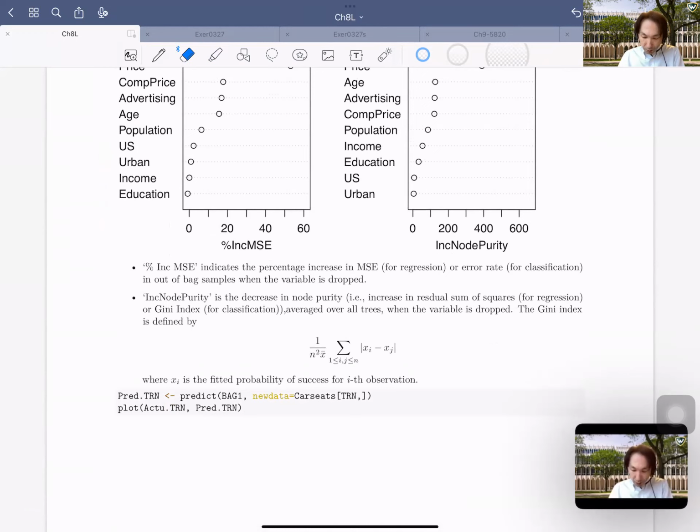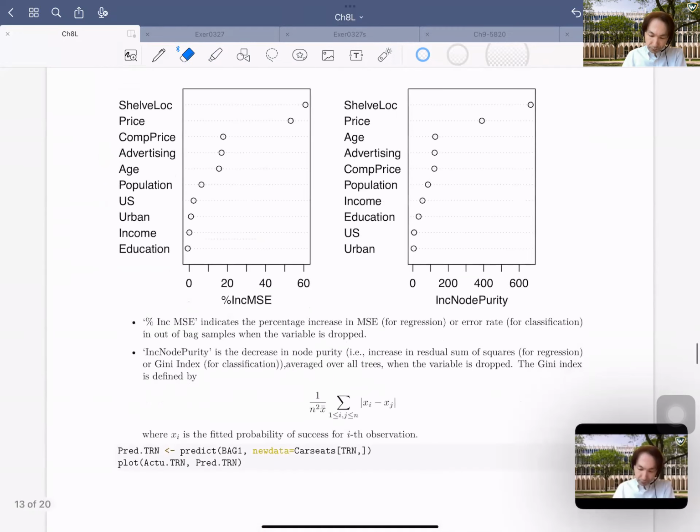Node purity is defined as the increase in residual sum of squares for regression and the Gini index for classification.